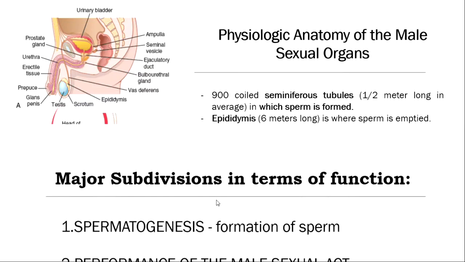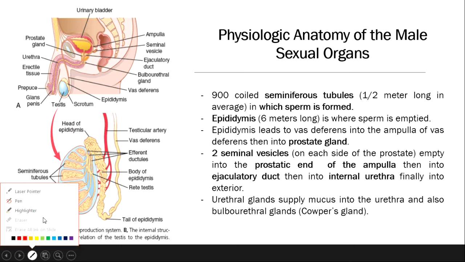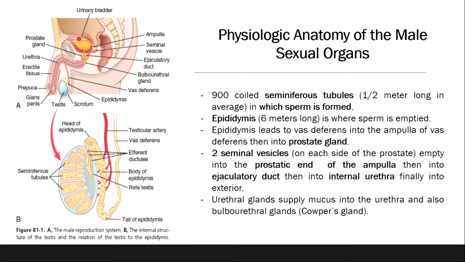Okay, so for the first major subdivision of the function, we have the physiologic anatomy of the male sexual organs. So dapat malaman muna natin kung ano nga ba yung anatomy para malaman natin yung function ng organ na yun. Okay, so as you can see on the picture on the left, makikita natin dito na itong circular na to ay tinatawag na urinary bladder.